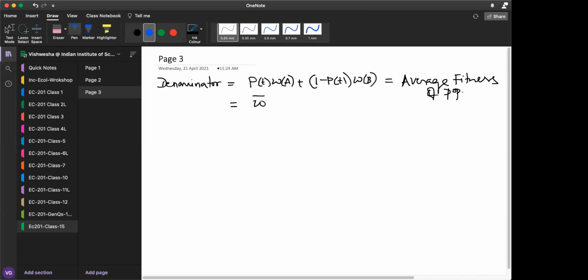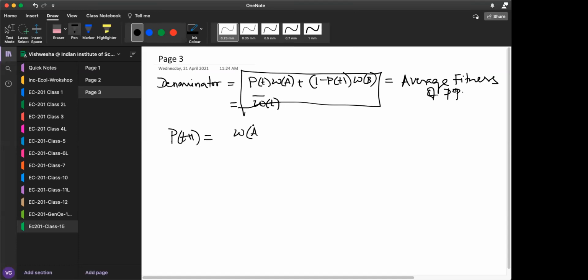So we denote that by omega bar. Remember this might of course depend on t. So the denominator is the average fitness of the entire population. In some sense, what this means is that p of t plus 1 is equal to omega a divided by the average fitness of the entire population, times p of t.